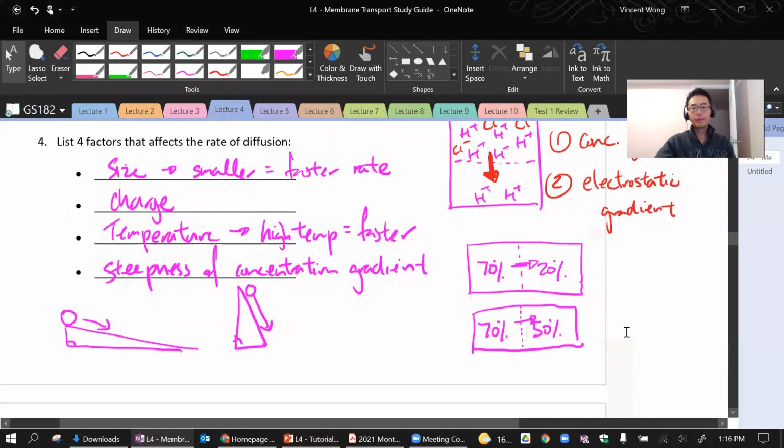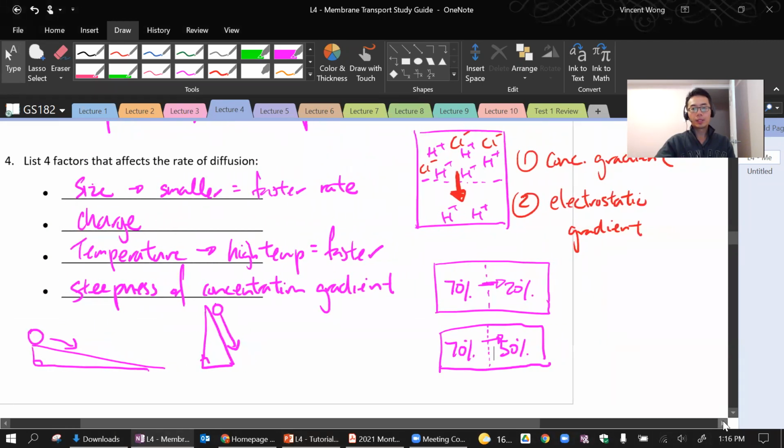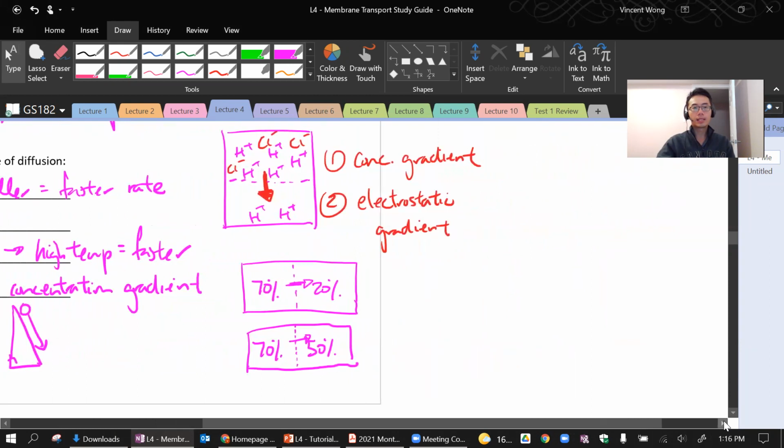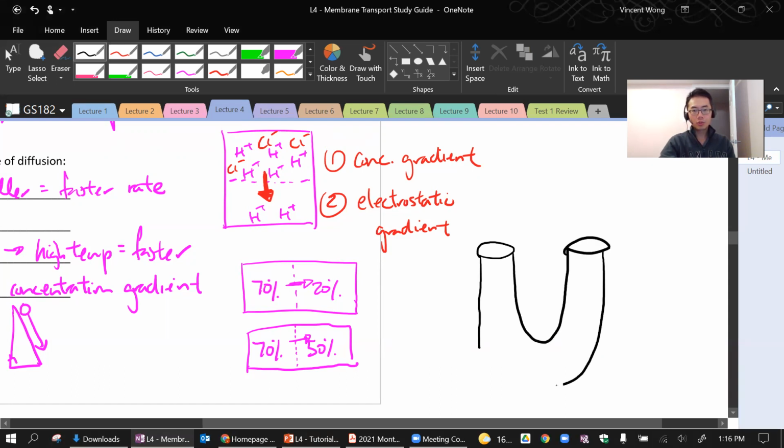Okay. Let's talk about another one here. This one, let's say we have a tube, right? We have a tube here. Okay, a U tube, a U-shaped tube. I'm gonna put a membrane here, and then I'm gonna dissolve a bunch of solute here.